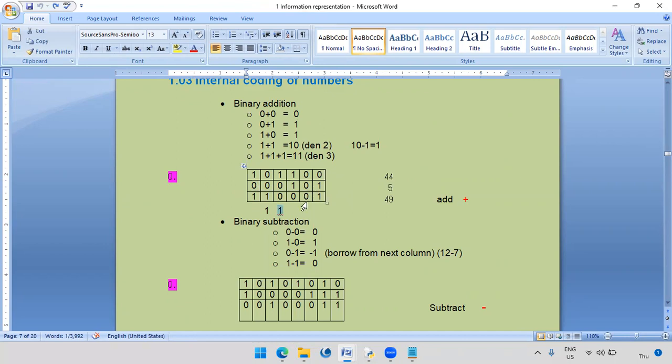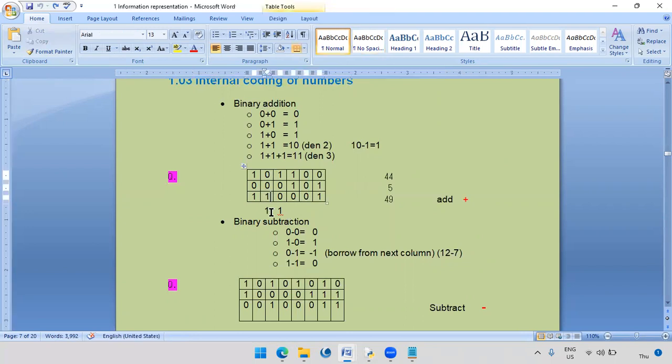Carry 1 to the next column. That 1 and this 1 is again 1, 0. So you put 0 here, then carry to the other column. There's nothing to add, so that carry will come here. And here no change, 1 plus 0 is 1. And in advance we knew that this answer is correct, 49.